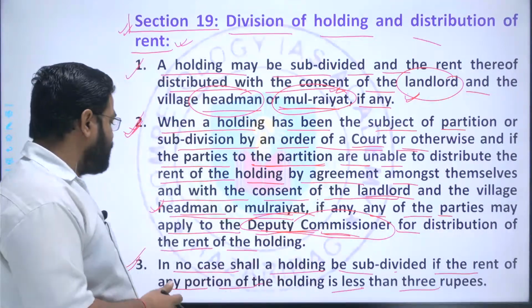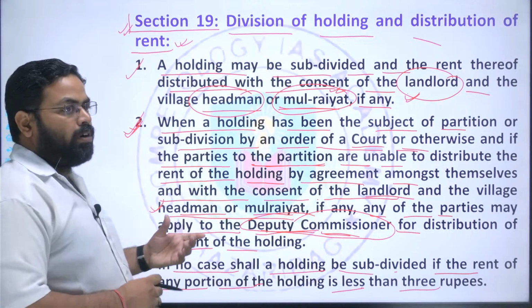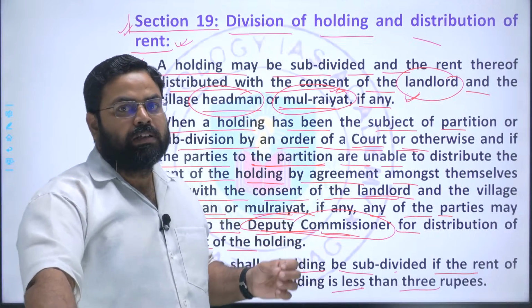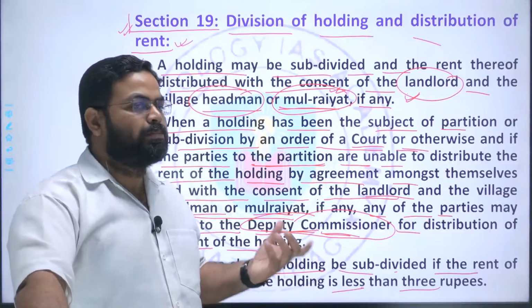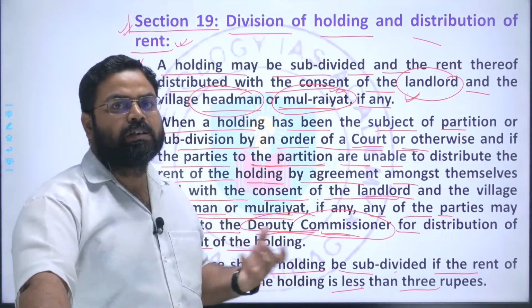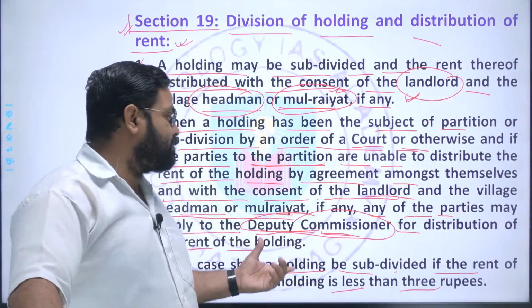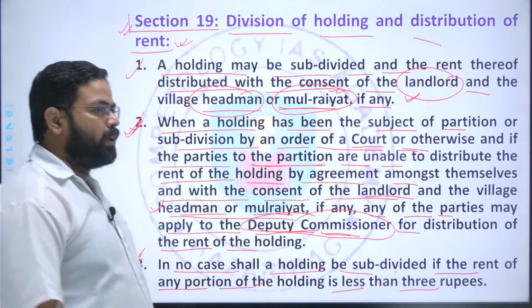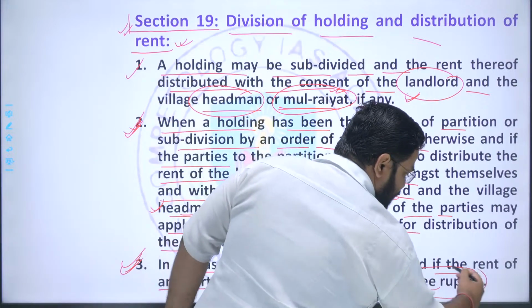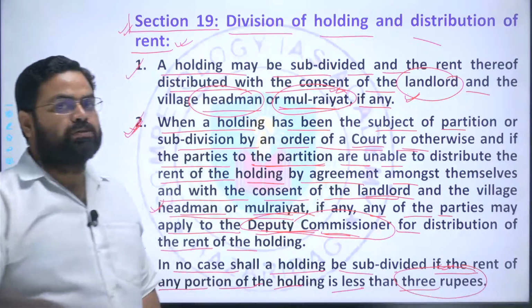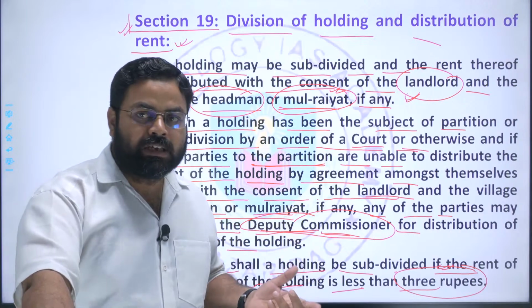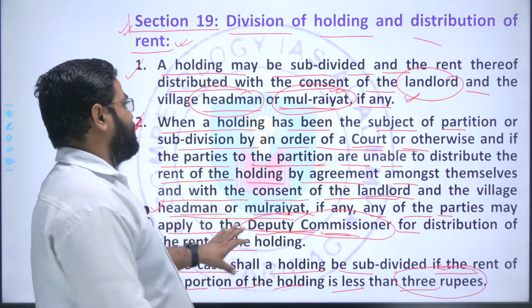If on any portion of land the land revenue applicable is less than 3 rupees, then the piece of land becomes very small, and it is commercially not viable. That is why there was a limitation that all those holdings on which the land tax applicable is less than 3 rupees cannot be partitioned among the successors of any rayyat, right? It will remain as it is.